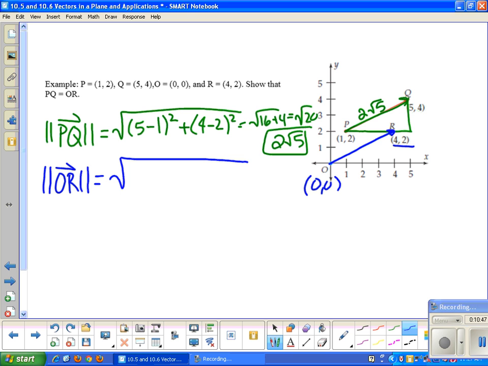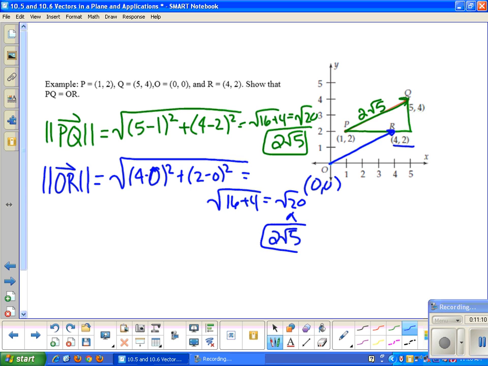So I have 4 minus 0 squared plus 2 minus 0 squared. And when I do that, I get the square root of 16 plus 4 again, which is equal to the square root of 20. And then this reduces into 2 root 5.